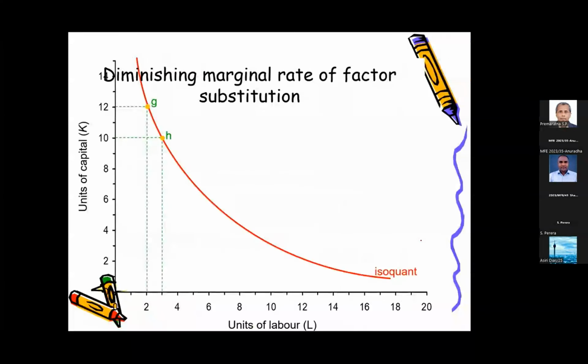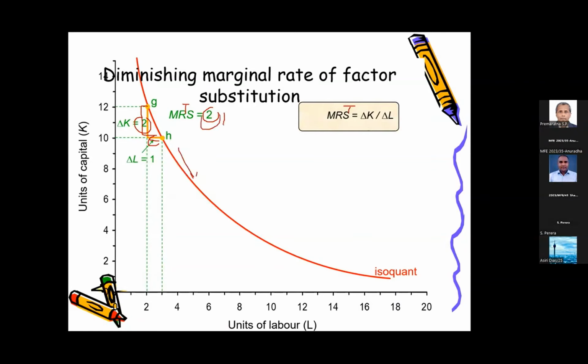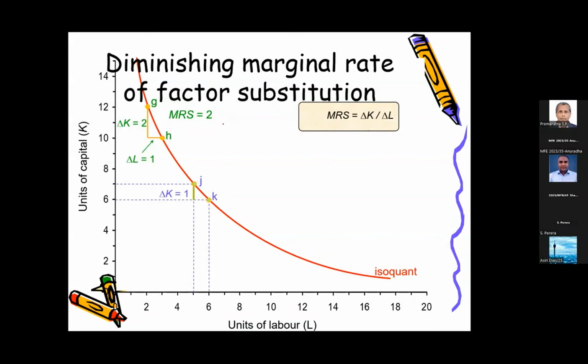Now, to see the given graph and how to measure the marginal rate, this amount divided by this gives you the marginal rate of technical substitution, MRTS. Here also MRTS. Here you can see the change of 2 divided by 1 is 2. And also you can see that further down, this amount decreases. Look here at points J and K: if you measure, MRTS is equal to 1.